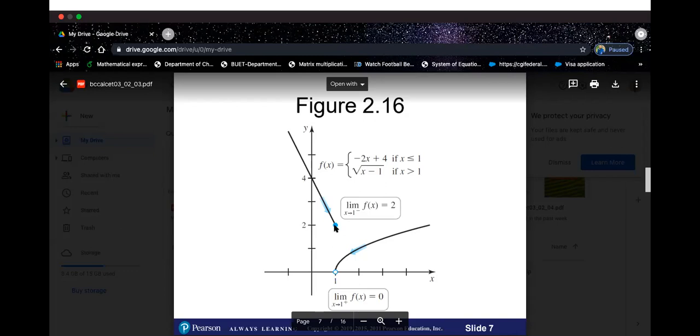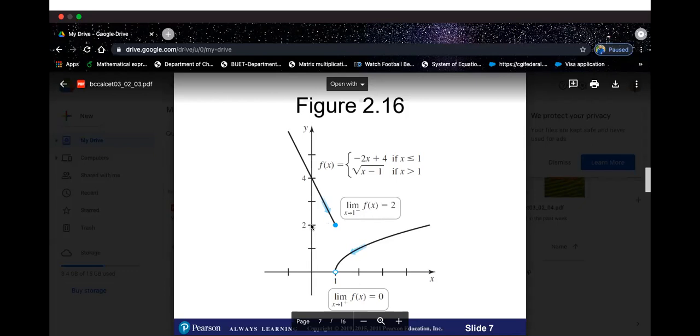So we say the left-sided limit is this. And if we go straight to our left, or draw a horizontal line towards the y-axis, we can see it goes towards 2, right? So we say the left-sided limit is 2.